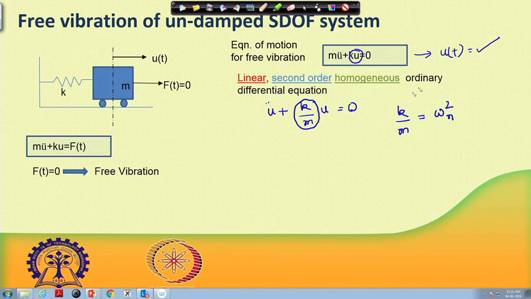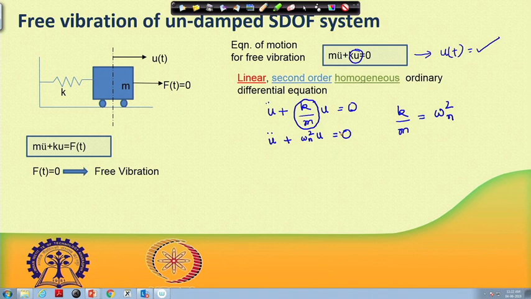As of now, just think that omega n is an arbitrary parameter, and I just define k by m equals omega n square. Therefore, my equation becomes u double dot plus omega n square into u equals 0.